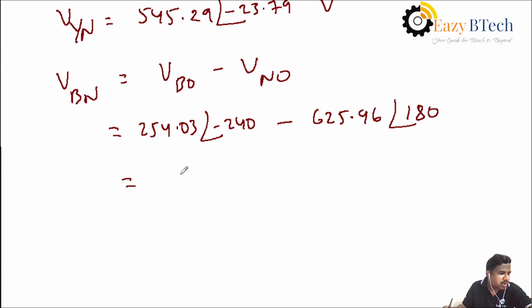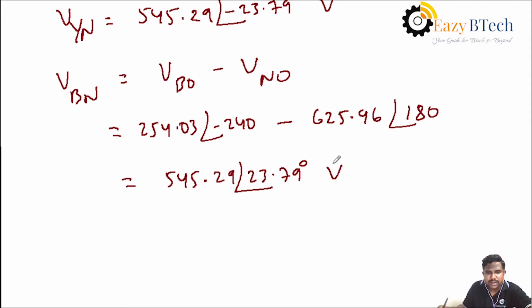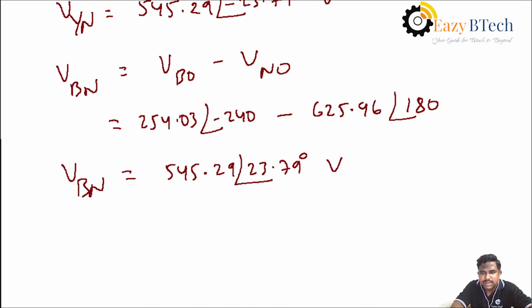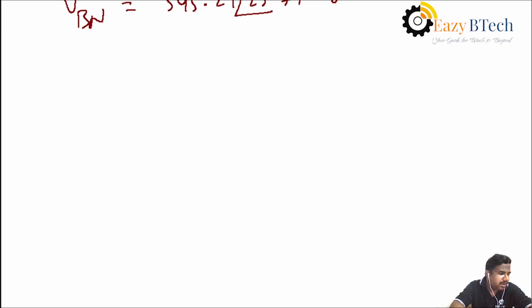Hence, we have to simplify the value. You will get here 545.29 at an angle 23.79 degrees. So that is the VBN value. Okay, these are the formulas according to Millman's theorem.